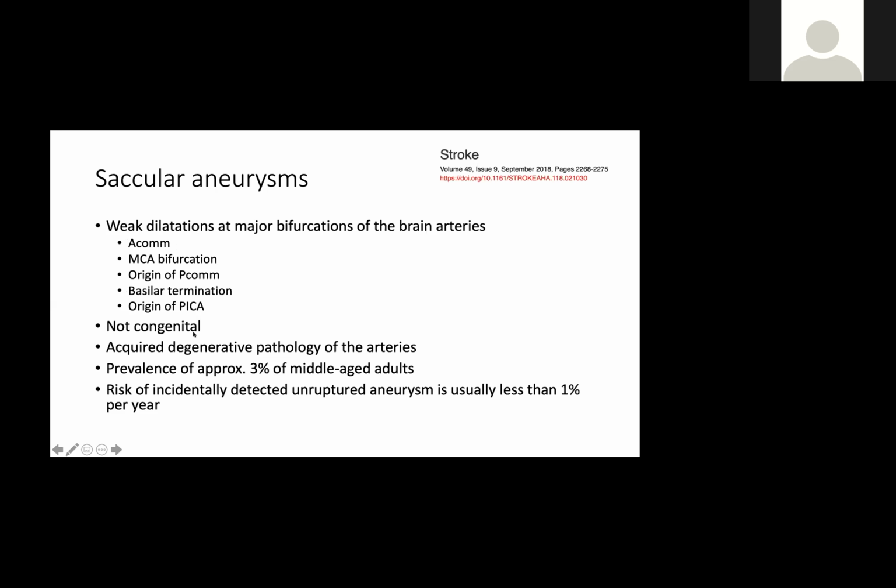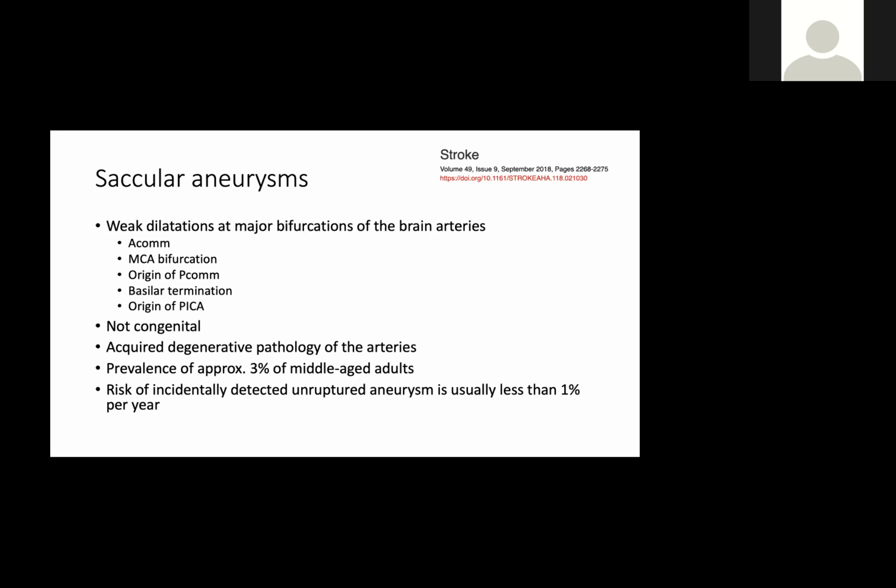They're essentially an acquired degenerative process of the arteries, and that can be due to lifestyle factors, or it can be due to just the actual shape of a person's circle of Willis predisposing to acquiring cerebral aneurysms. They have a prevalence of approximately 3% of middle-aged adults.